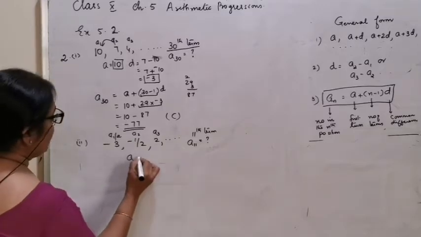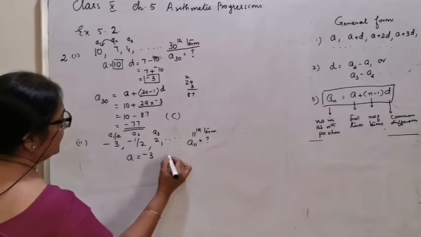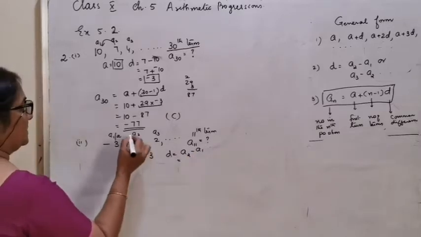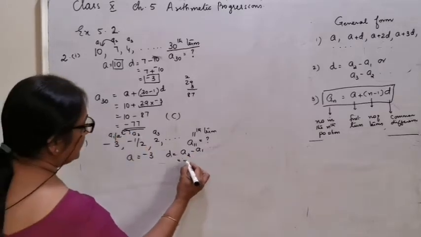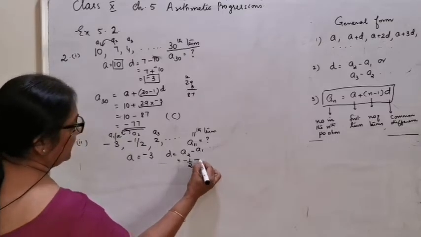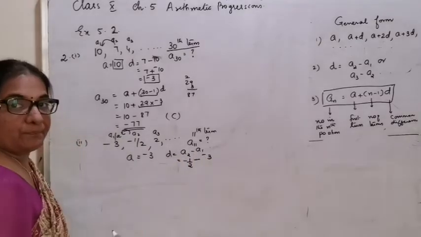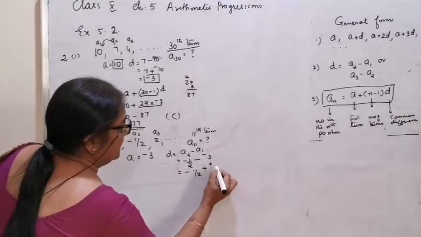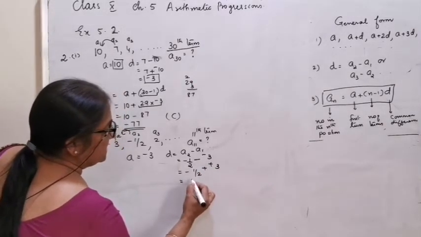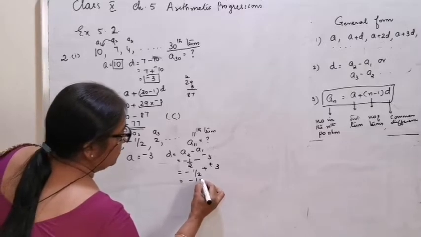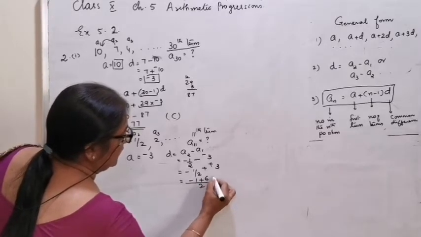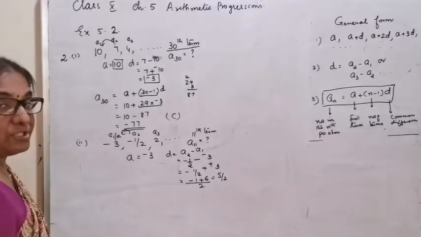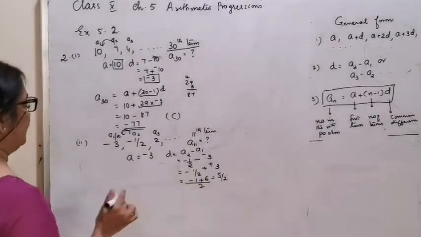You can write a is equal to minus 3, d is equal to a2 minus a1, which is minus half minus (minus 3). It will become plus 3, or 3 minus half. LCM is 2: minus 1 plus 3 twos are 6, so 5 by 2, that is positive 2.5, or leave it as 5 by 2.